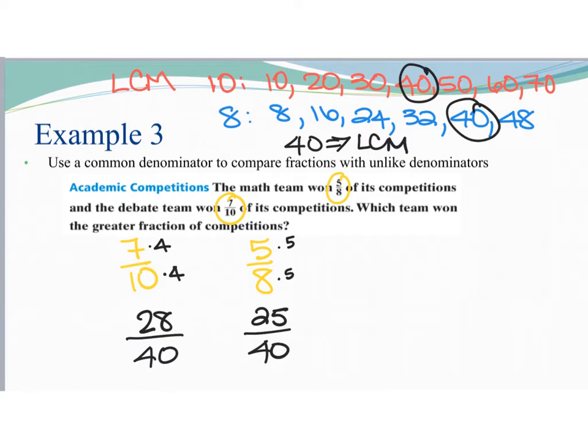Now, because both of these are positive numbers, I'm going to look at the numerators, and I'm going to see that 28 is actually bigger than 25, which tells me that 28/40ths is greater than 25/40ths, and this would be our final answer.